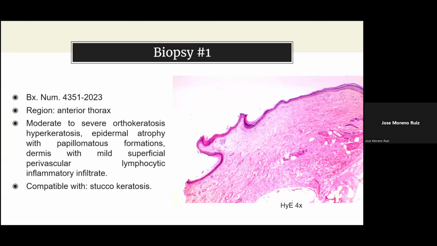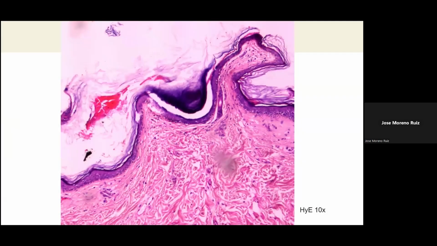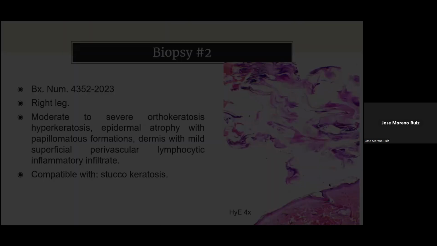We took 2 biopsies. The first one was on the anterior thorax, which showed moderate to severe orthokeratotic hyperkeratosis and epidermal atrophy with papillomatosis formation in the dermis and a mild superficial perivascular lymphocytic inflammatory infiltrate that was compatible with stucco keratosis. These are more images of the first biopsy.